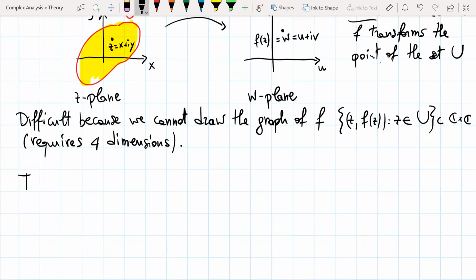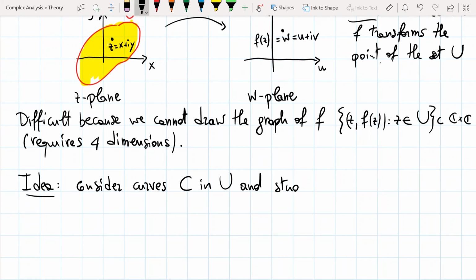The idea is to consider one-dimensional objects: consider curves C in the open set U and study how these curves are mapped by f, and study their images f of C in the w plane.